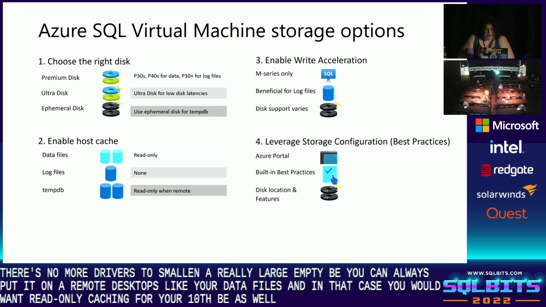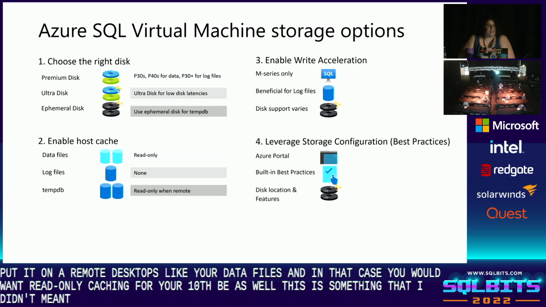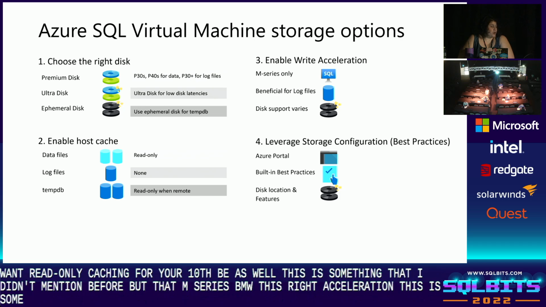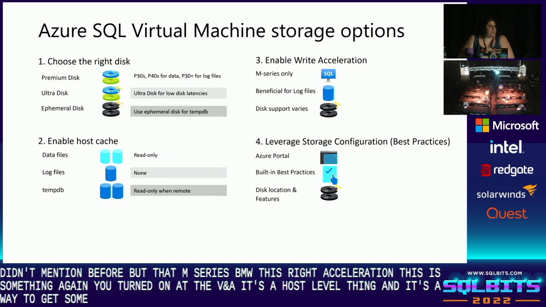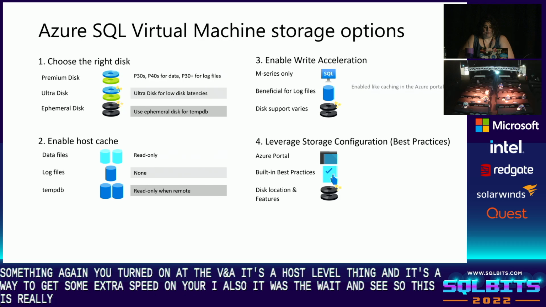Now, write acceleration. This is something that I didn't mention before, but the M-series VMs are capable of this write acceleration. This is something, again, you turn it on at the VM level. It's a host level thing. And it's a way to get some extra speed on your I/O. So it lowers the latency. So this is really great for your log files.